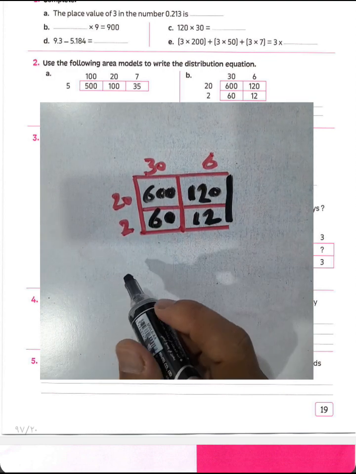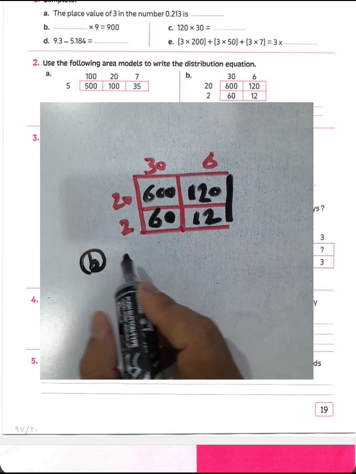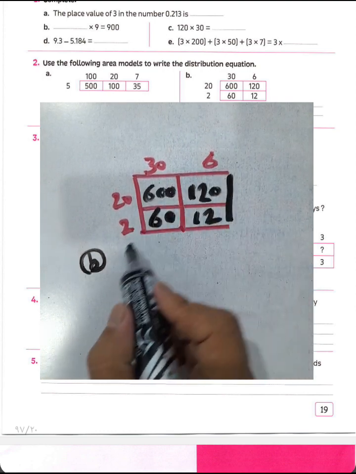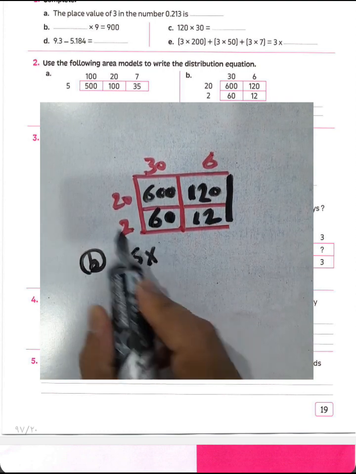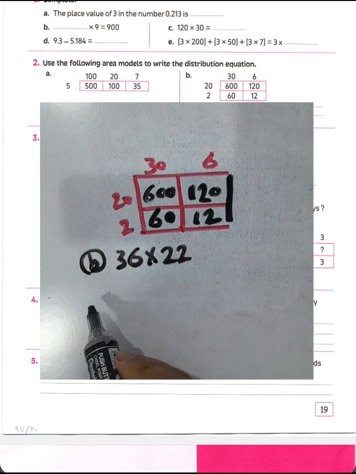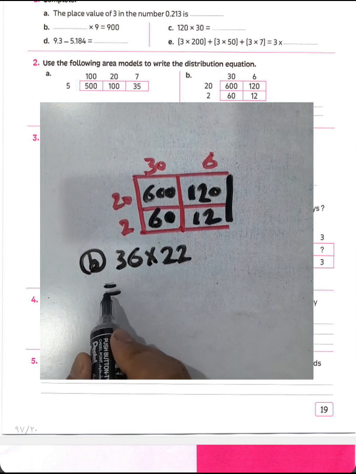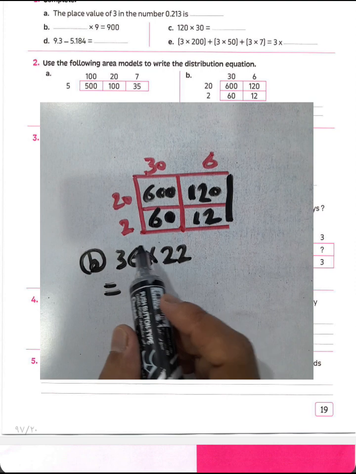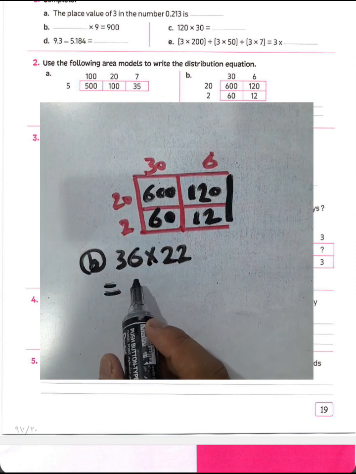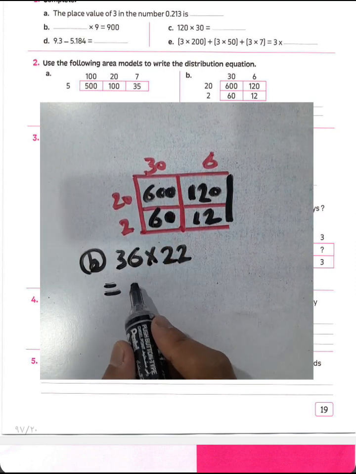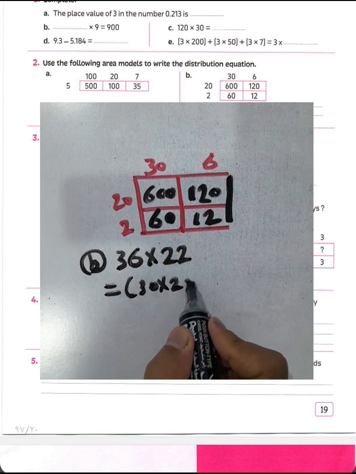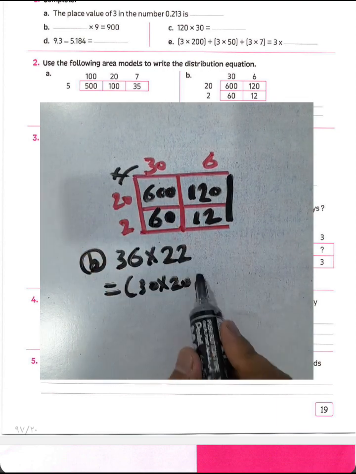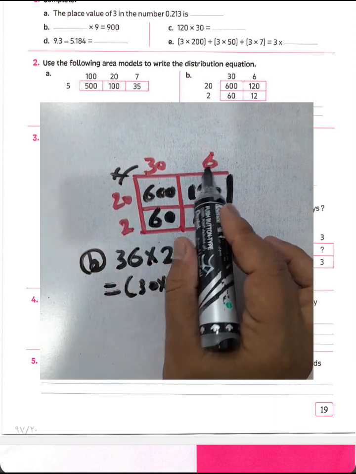You can find the equation here for letter B. We have 30 plus 6, which is 36, and 20 plus 2 equals 22. Then you can write here 30 times 20 in the first brackets, 30 times 20. And here 6 times 20.